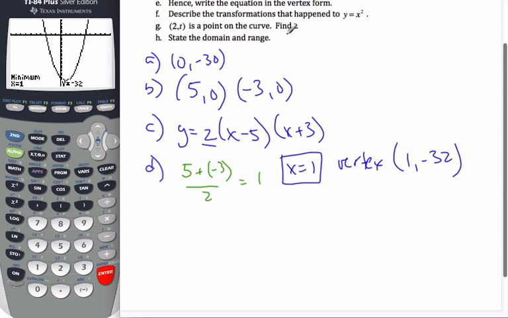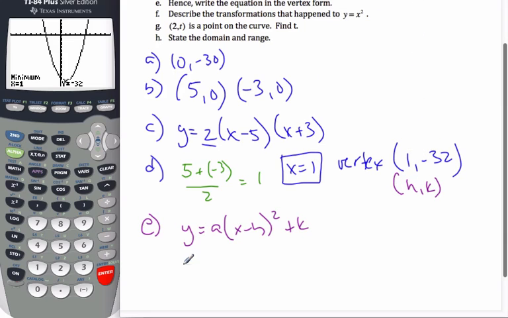So now if I want to write in vertex form of the equation, vertex form says y is equal to a(x - h)^2 + k. And so I know the vertex is (h, k). So 1 is h and k is negative 32.